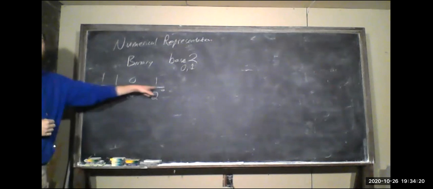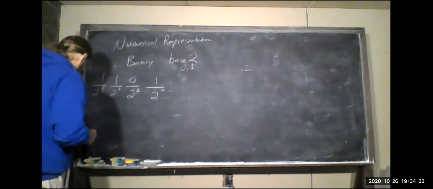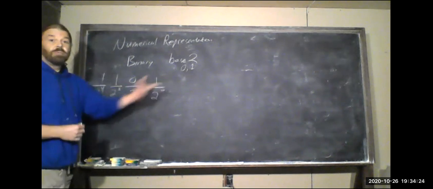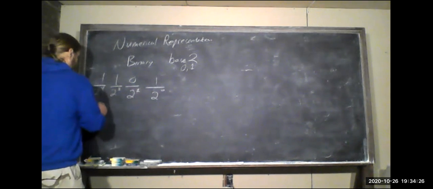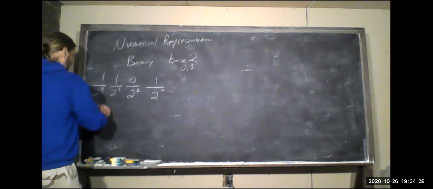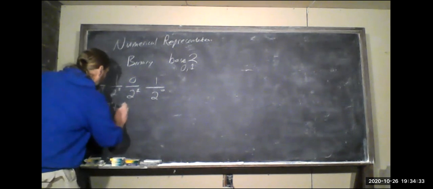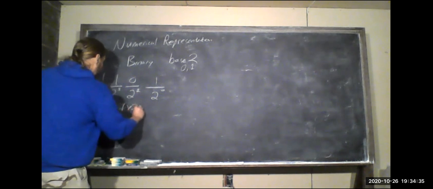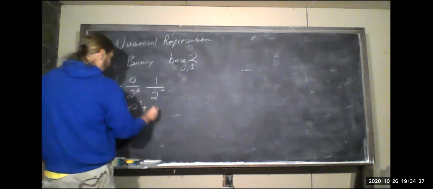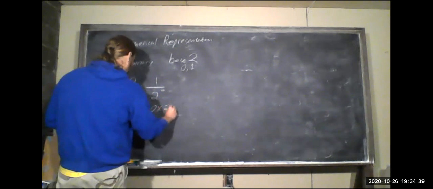so to get this value in some form meaningful for us as humans, we would just add those up, right? We have 1 times 2 to the 4th plus 1 times 2 cubed plus 0 times 2 to the first.